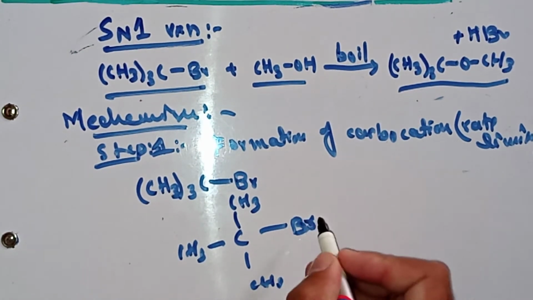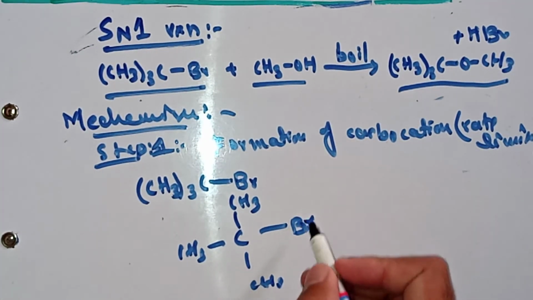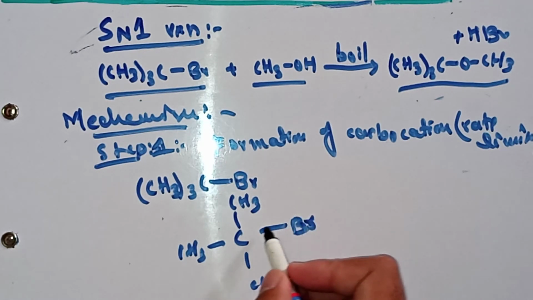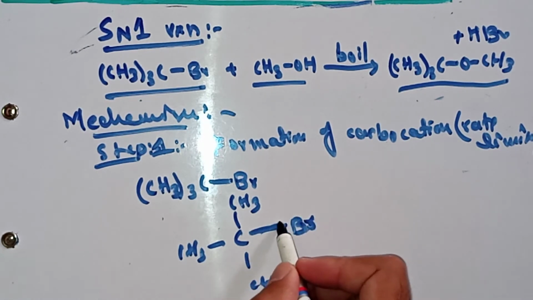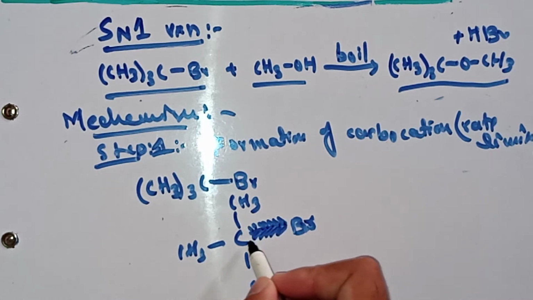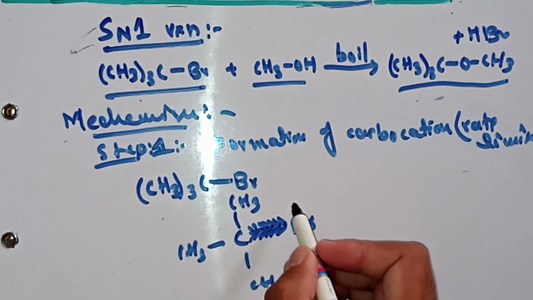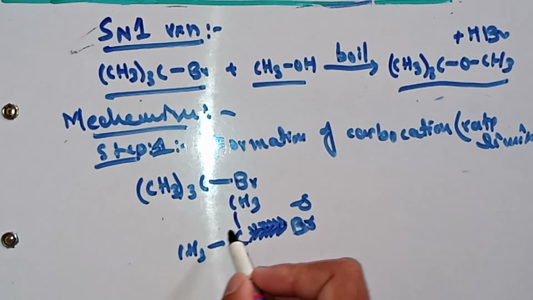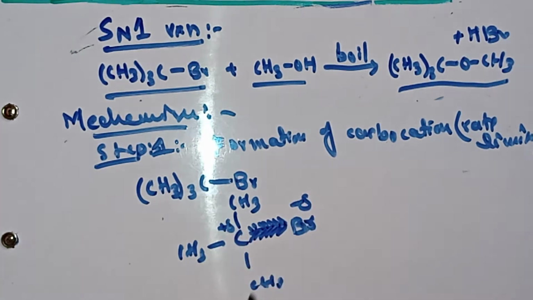This Br is a highly electronegative element, so it will withdraw electrons from this carbon. That's why the bond will become polarized, and bromine will get a partial negative charge while carbon will get a partial positive charge.